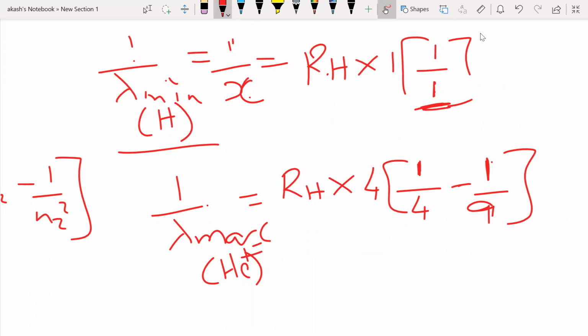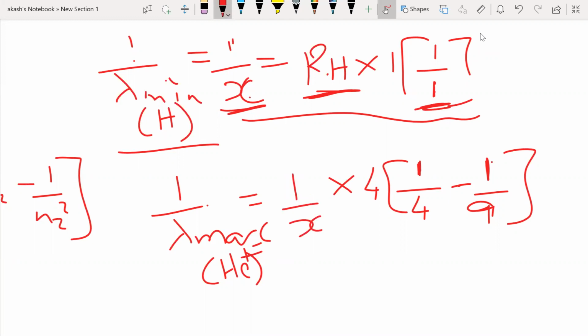Right. So you can see from the previous equation, this RH is what? RH was basically 1 by x. That's what I got from the calculation. So instead of this RH, I'll directly put 1 by x here. Hopefully that makes sense. It should have been RH here, but from the previous case, I just got RH is equal to 1 by x.